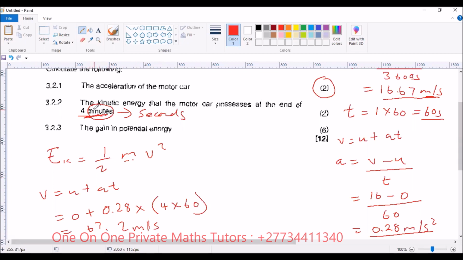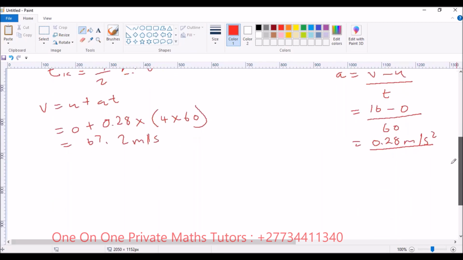Remember, this thing is accelerating. With the passing of each second, the speed is increasing. So we expect the speed to be greater than the final speed after 1 minute. Right, so we have 67.2 meters per second.